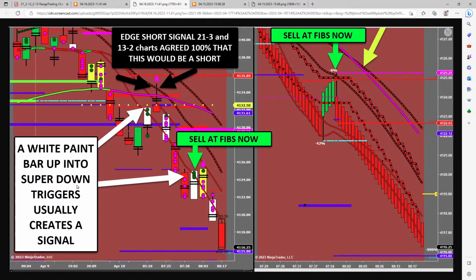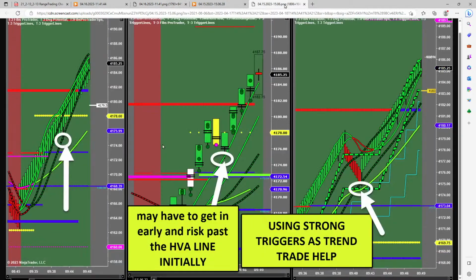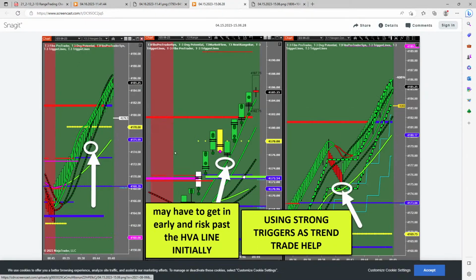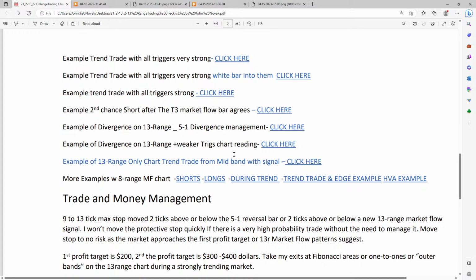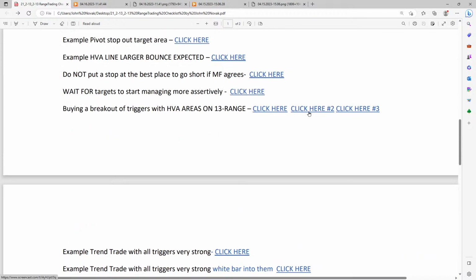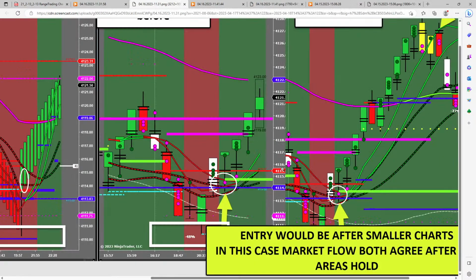up into super down triggers usually creates a signal. You guys understand that? Sorry, a white paint bar that breaks above all of the triggers usually keeps going.